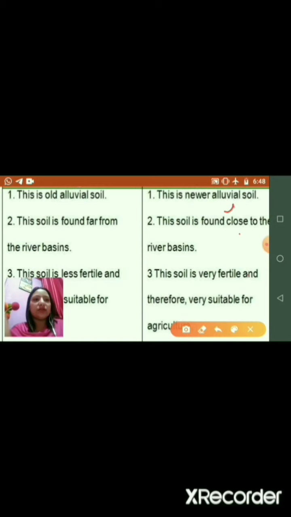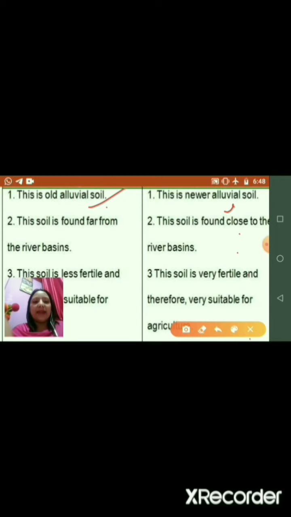This new alluvial soil is very rich in minerals and nutrients and gets replenished every year. The old alluvium found above the flood plains is known as Bhangar. This is also known as old soil.